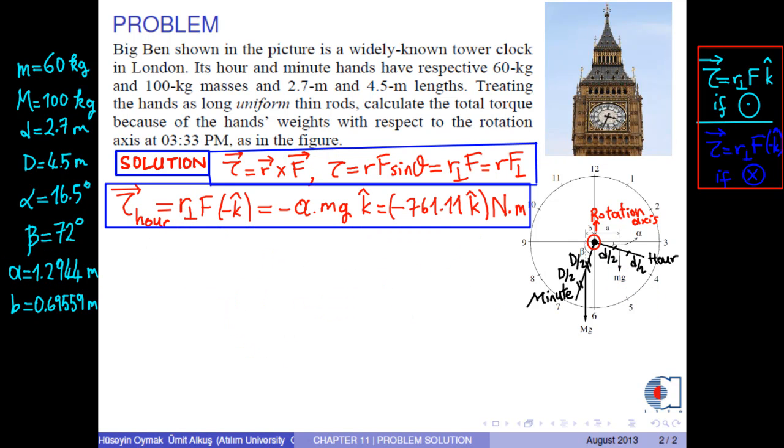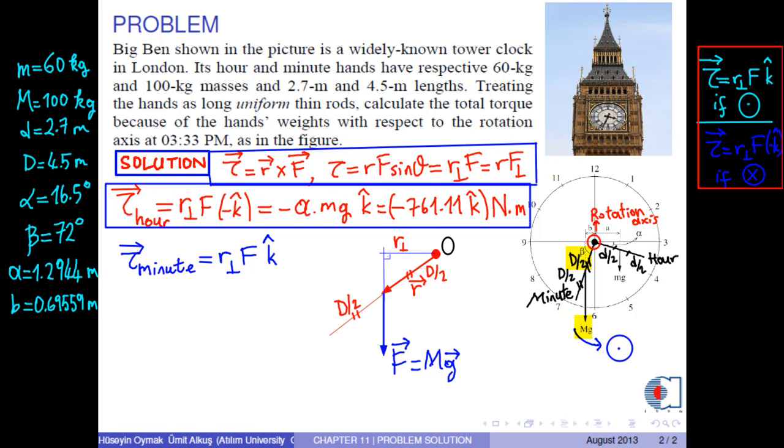Also, the torque because of the minute hand is r perpendicular times F times k hat. According to the figure, r perpendicular is B, and F is capital M times g. Therefore, tau minute becomes B times capital M times g times k hat.